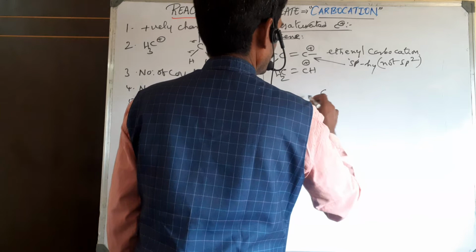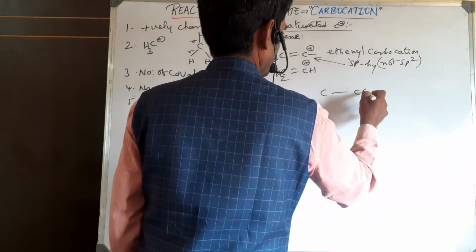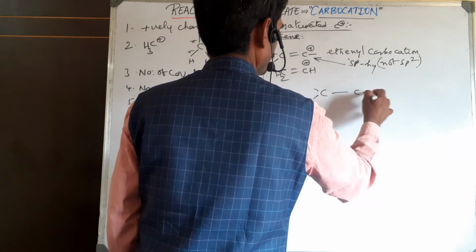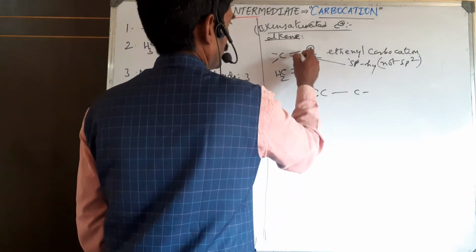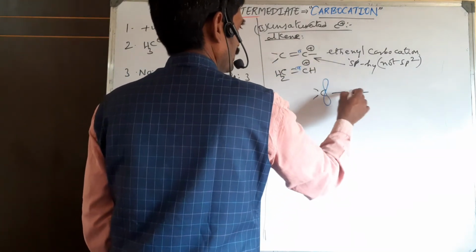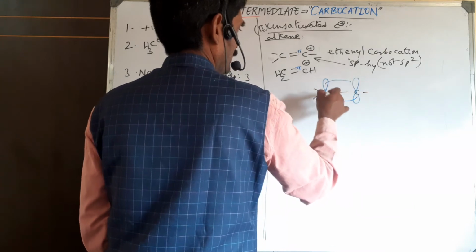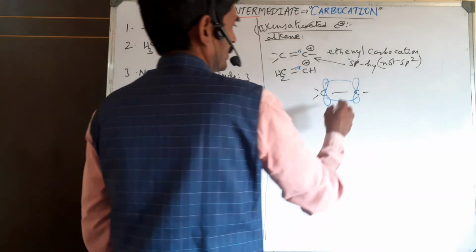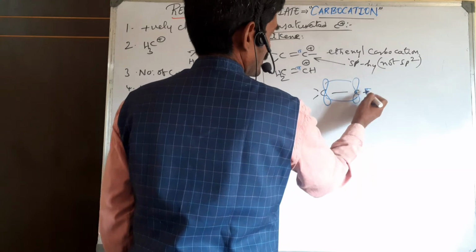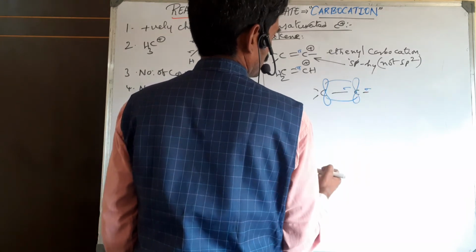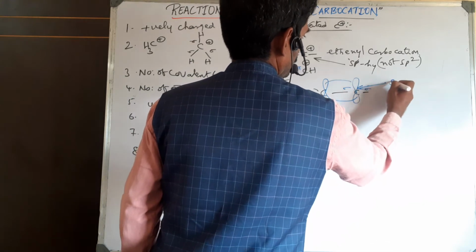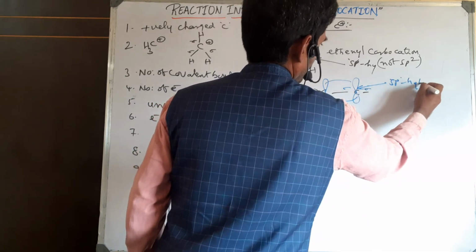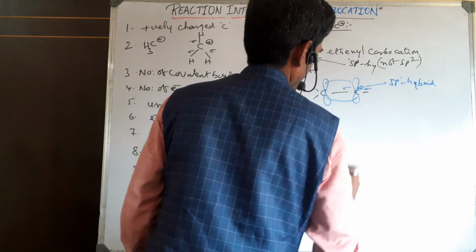Here carbon, and here carbon, and here hydrogen is there, here 2 hydrogens are there, and between these once a pi bond is present, right? This pi bond is formed by lateral overlapping of atomic orbitals. Then here 1 sigma and 1 sigma, 2 sigma bonds are there. Because of the presence of 2 sigma bonds, it undergoes sp hybridization.